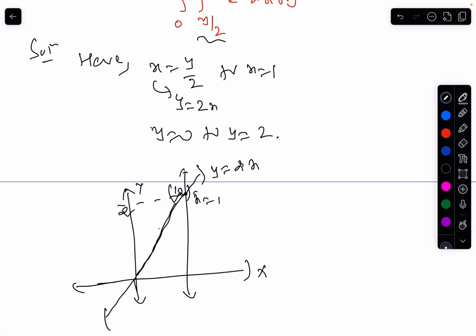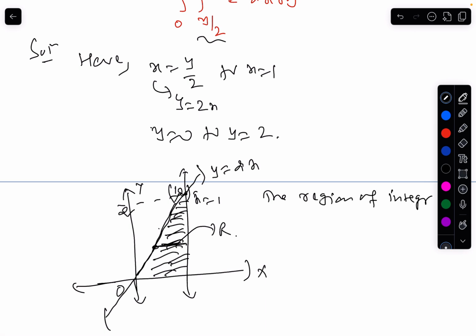So this is 2. So the region of integration is x equal to y by 2 to x equal to 1, and that is from y equal to 0 to y equal to 2. So this is the region of integration, as shown in the figure.